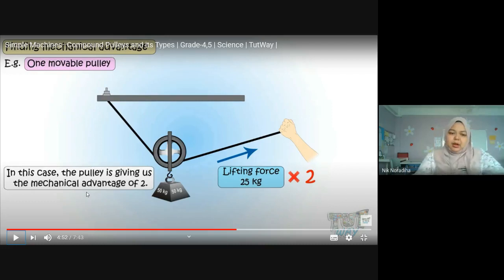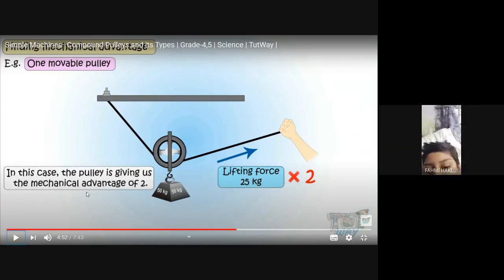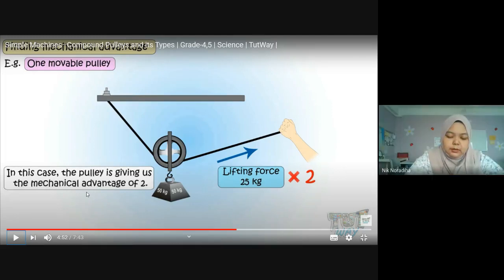What is the meaning of advantage? Fahmi, the meaning of advantage? Okay, it's okay, Fahmi. You can turn off the microphone.